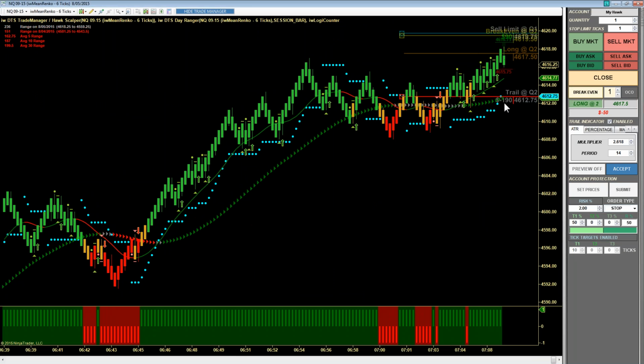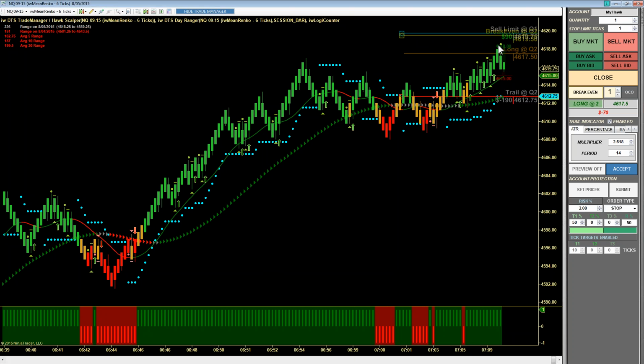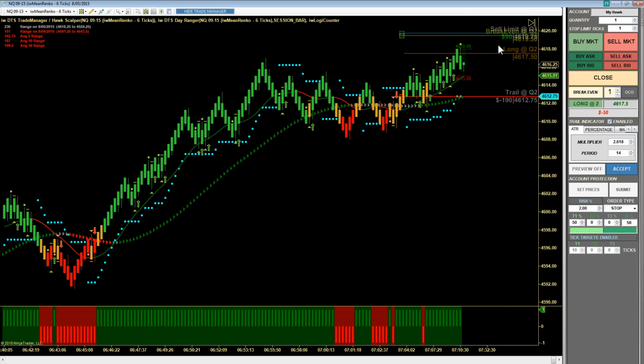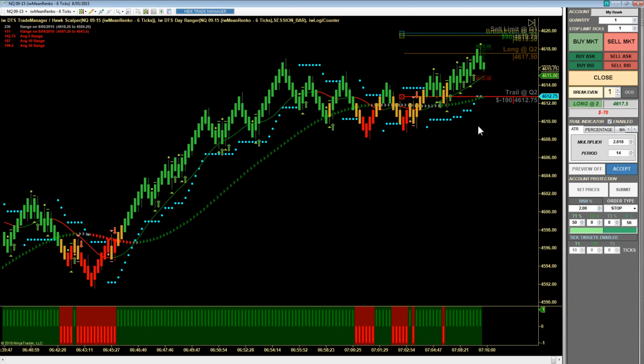And hopefully it'll go a little bit higher here and you'll be able to see how the trade manager rolls the stops automatically according to the stop strategy. So I think we got slipped a tick on this one, did we? I didn't see it fill.